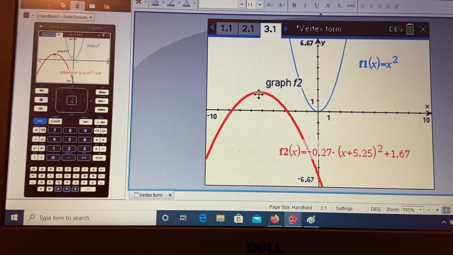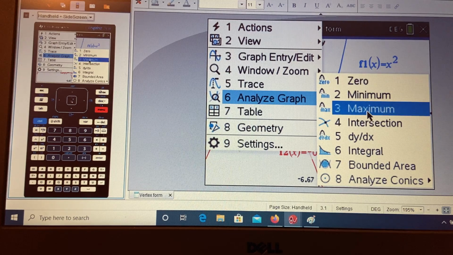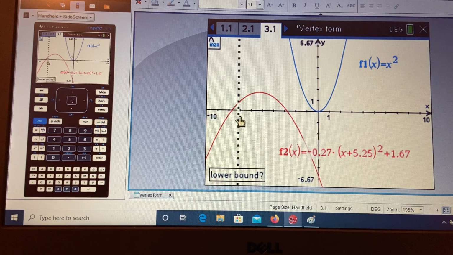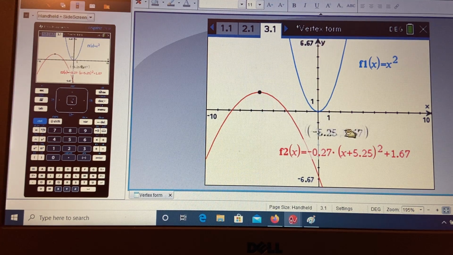So instead of a minimum, we're going to have a maximum. So let's find our vertex: Menu, Analyze, Maximum this time. We still want the maximum of the red graph. So now the left side is on this side of the vertex. Click here, move across, and there is our maximum.